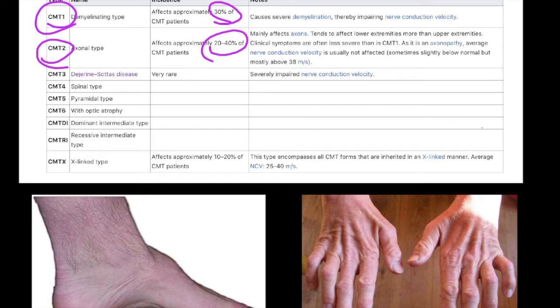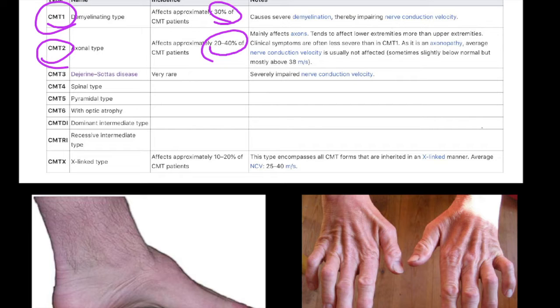Even within the CMT1 and CMT2 categories, there are subdivisions of the disease, like CMT1A, CMT1B, CMT1C, and all of those get their names depending upon what gene has been the cause of the problem.